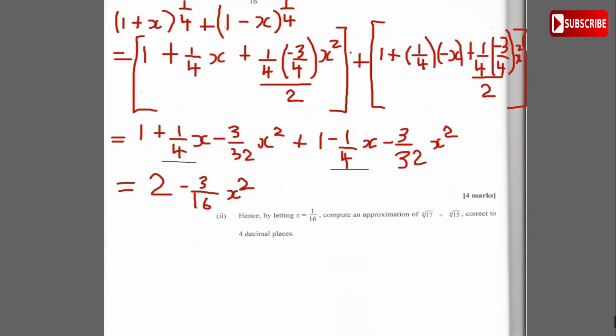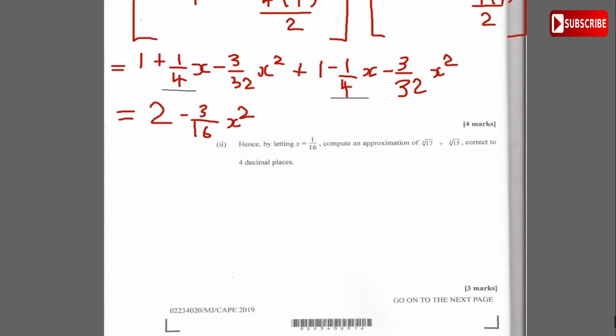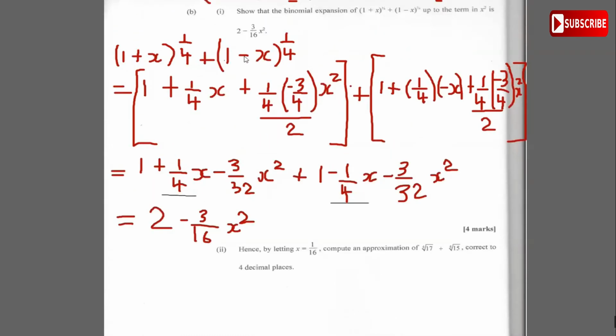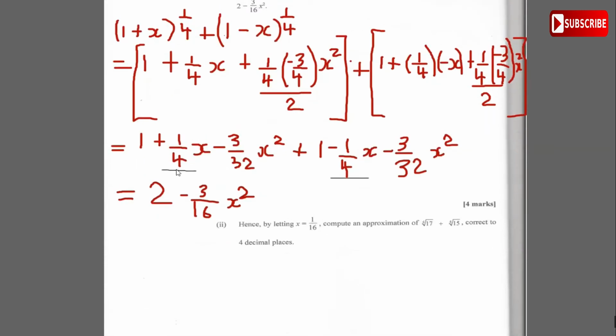Hence, by putting x as 1 over 16, compute an approximation of the quart root of 17 plus the quart root of 15 correct to 4 decimal place. It says put in x as what? 1 over 16. Put in x as 1 over 16. So we're going to use x as 1 over 16 here.